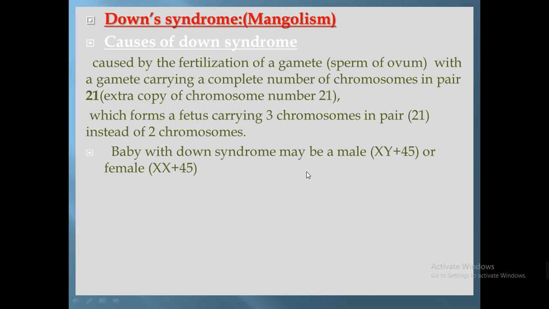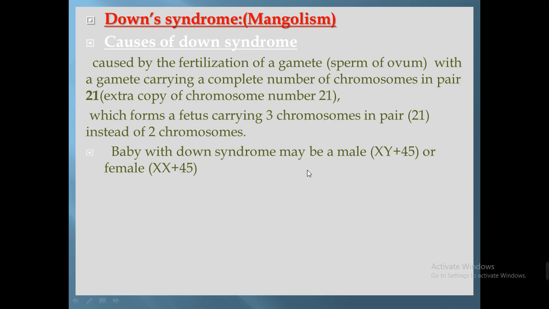The last genetic disorder is Down syndrome, or as we call it mongolism. What are the causes of mongolism? First of all, it may occur for both sexes, males and females. And the reason for this case is not related to the father or mother, not to the sperm or the ovum.